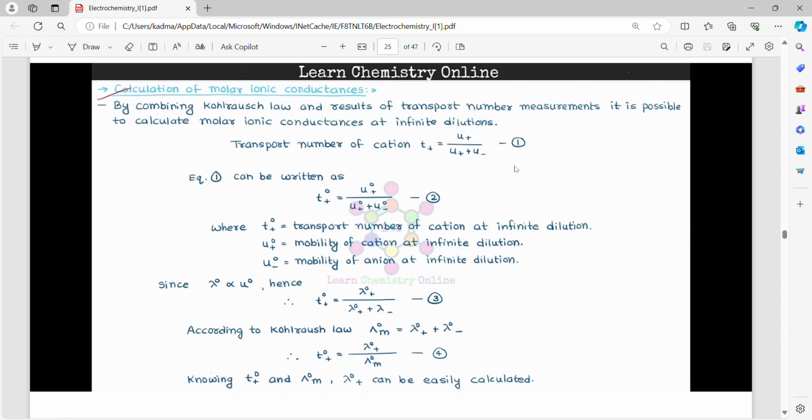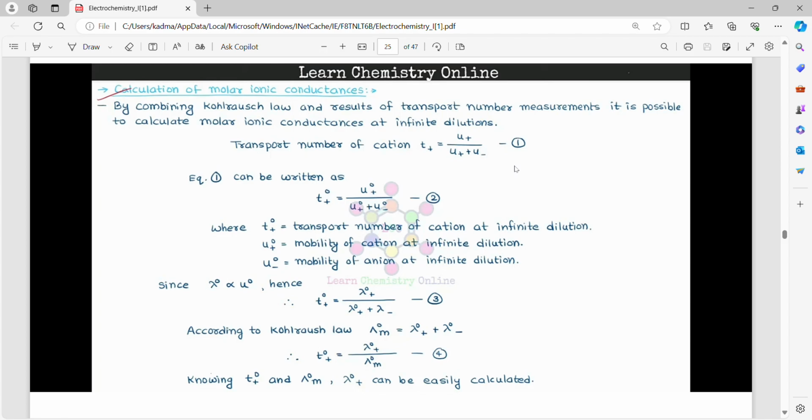Calculation of molar ionic conductance. By combining Kohlrausch's law and the results of transport number measurements, it is possible to calculate molar ionic conductances at infinite dilution. The transport number of the cation, t+, is equal to u+/(u+ + u−).